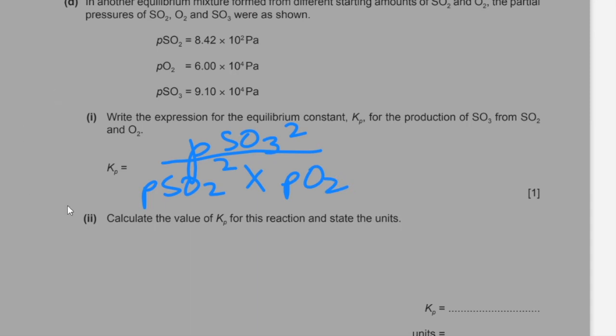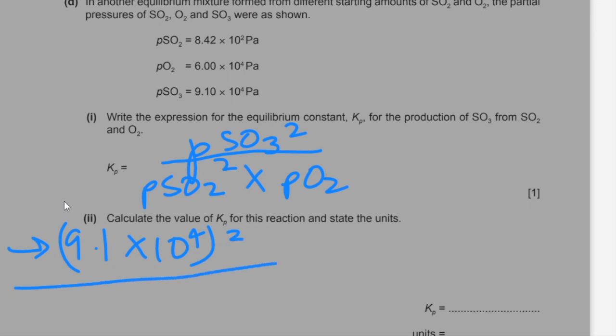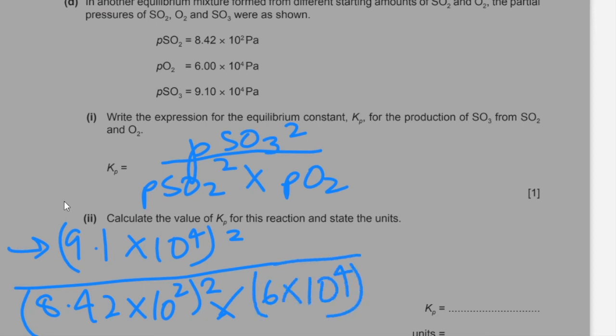Calculate the value of Kp for this reaction and state its units. Alright, so using the formula we have, so this is going to be our calculation. Square that times the partial pressure of oxygen, which is 6 times 10 to the power of 4. Right.